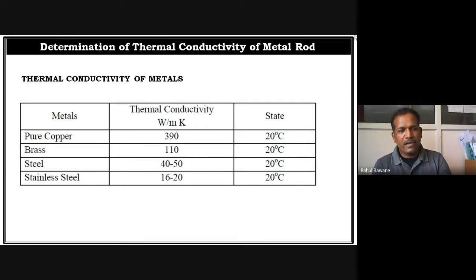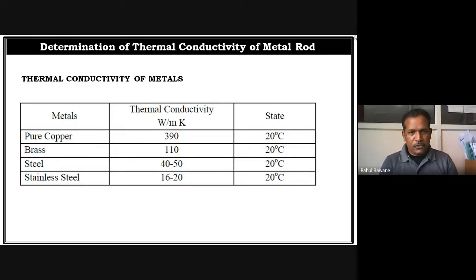So layer by layer, due to the vibration of molecules, energy is imparted to the next layer, and likewise heat is transferred from hot end to cold end. So there are two phenomena of heat transfer in conduction: either transport of free electrons or vibration of lattice. Here, transport of free electrons plays the majority role in heat transfer.